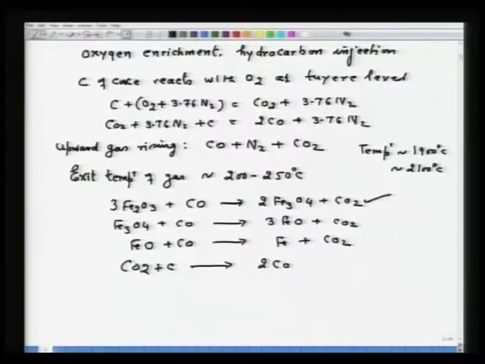movement of the burden. Now, one important thing to note, these reactions do not require a very high percentage of carbon monoxide.